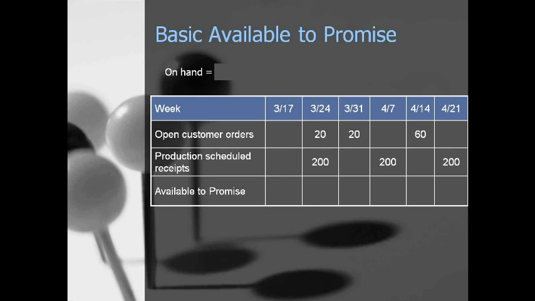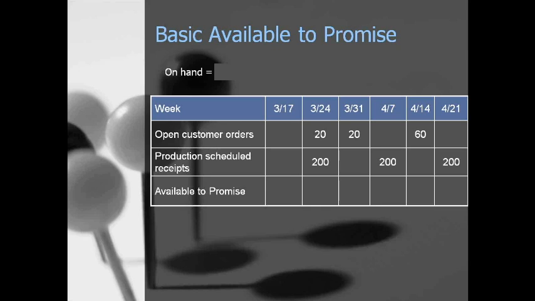Now, this logic, the way it works, it takes the on-hand inventory plus any scheduled receipts minus any open customer orders prior to the next scheduled delivery of product from the master production schedule.